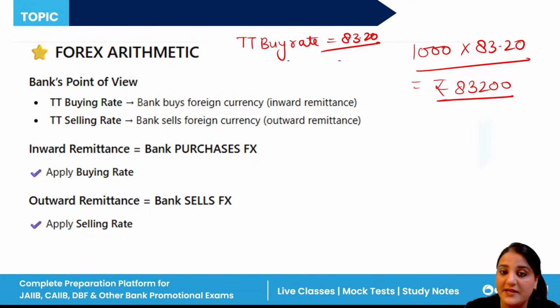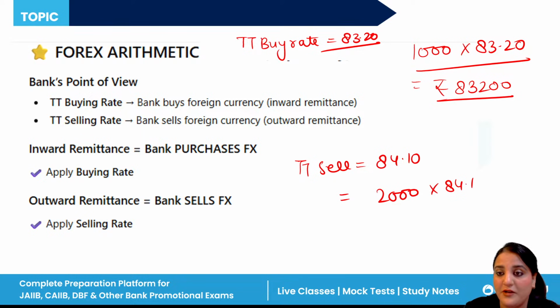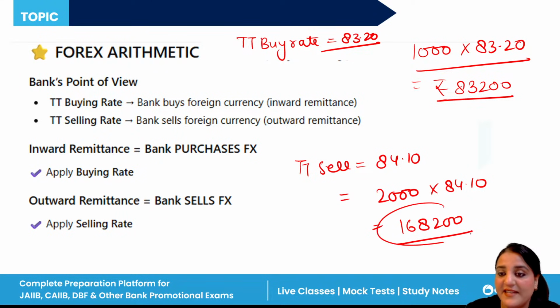In an outward example, suppose the customer wants to send US dollar 2000 abroad and the TT selling rate is 84.10. In that case 2000 multiplied by 84.10 is equal to 1,68,200. This is the selling rate in the case of an outward example, right?